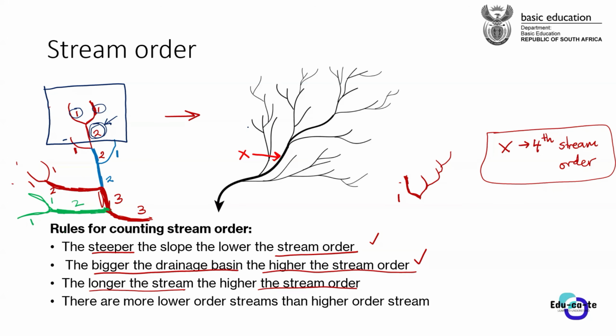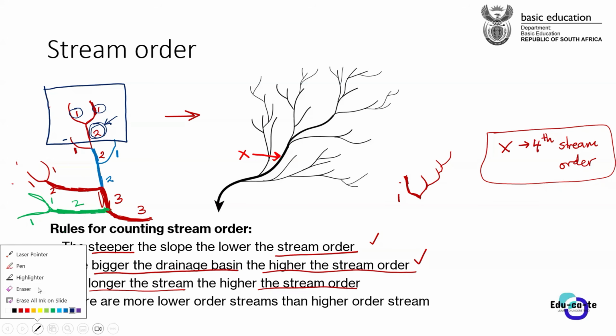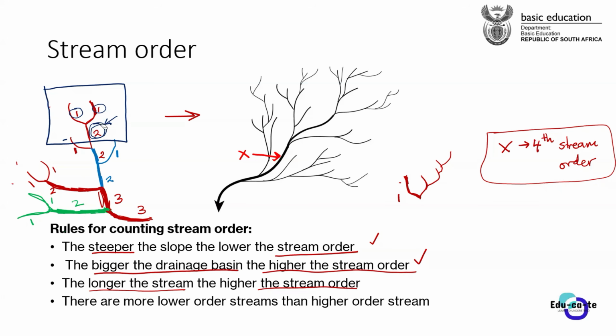The smaller tributaries are always going to be more, and they add up to make a bigger one, to kind of get the sense. We just compare the stream orders in that particular drainage basin alone, without a certain standard of higher and lower.